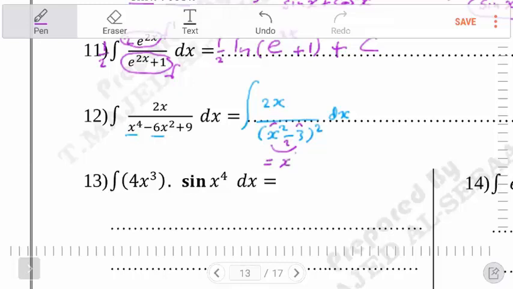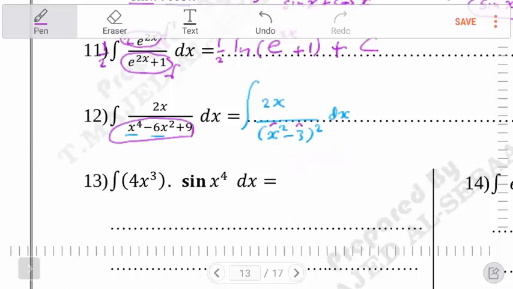It will be x to the power of 4, minus x squared times 3 twice, which is 6x squared, and minus 3 times minus 3 is plus 9. Right? So it is the same as this. You understand?